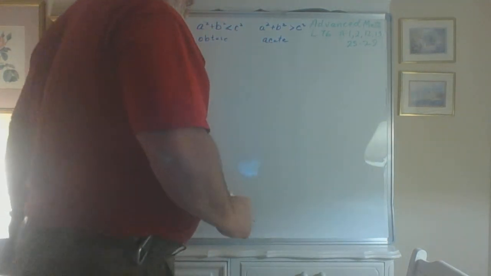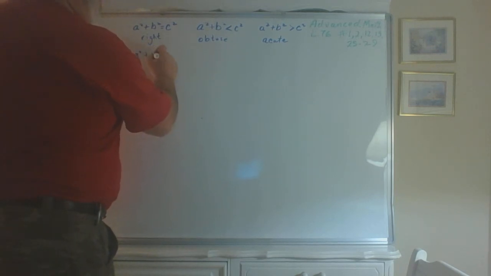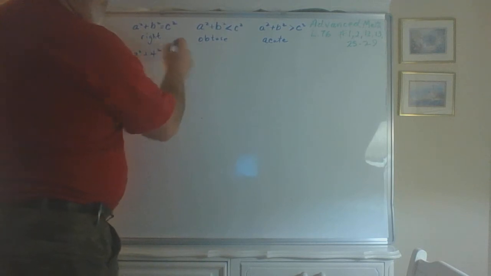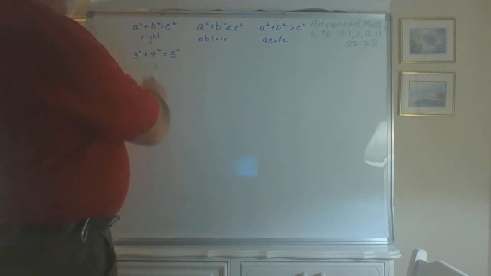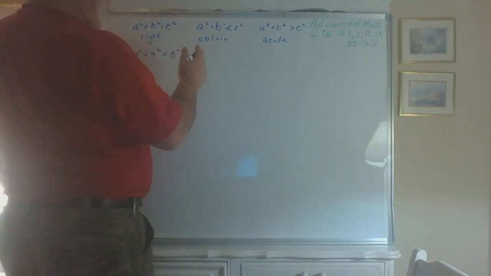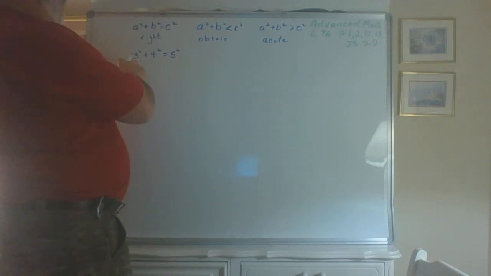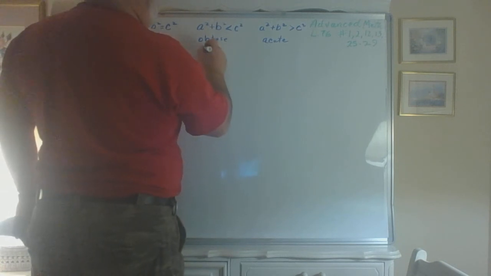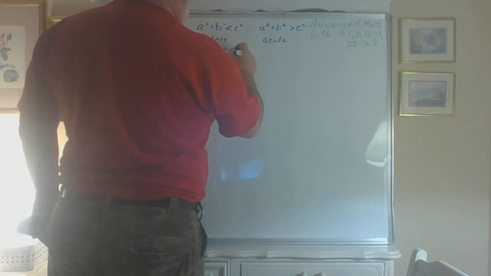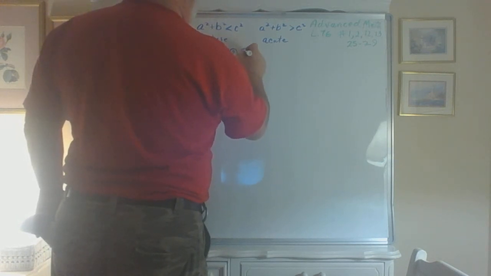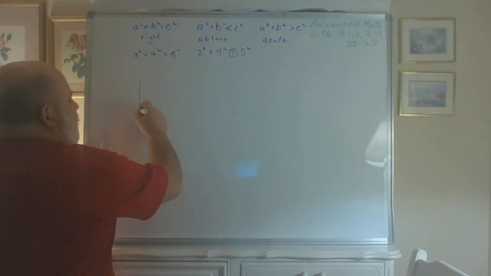Let's think about why that's true. Go back to this 3, 4, 5 triangle, which gave us an acute triangle. If we go smaller and make the 3 into a 2, we have 2 squared plus 4 squared, with a question mark, and 5 squared.